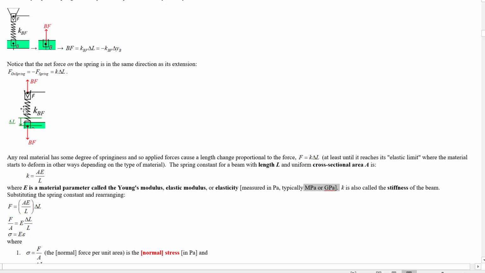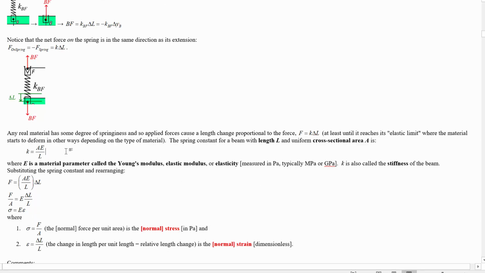You can think about what's harder, pulling the end of this spring 1 centimeter or pulling the middle of this spring 1 centimeter, if in both cases you're holding this still. Well, if the middle of this spring moves 1 centimeter, that's the same force as if the end of it moved 2 centimeters, right? So it's inversely proportional to the length. The longer the length, the lower the spring constant.